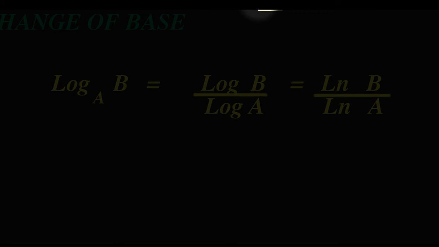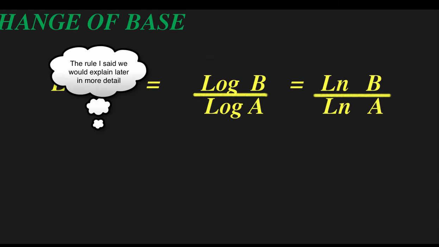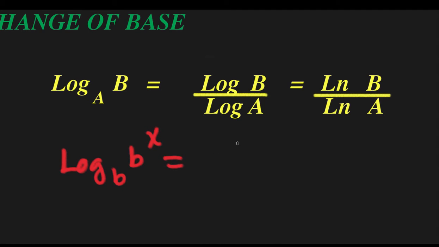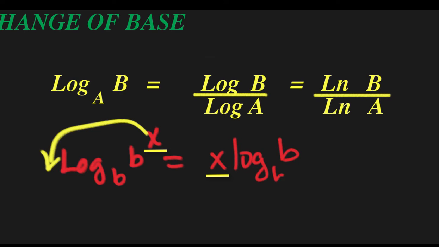Now, if we were looking at that other example, remember I told you that we were using a different rule. The rule I'm speaking of was this, and that equaled x. Remember what I told you was you were first using the rule that allowed you to bring the exponent as a coefficient, rewriting it.